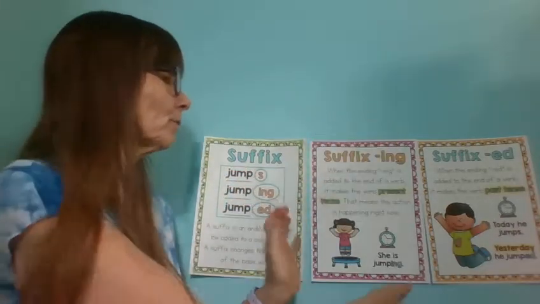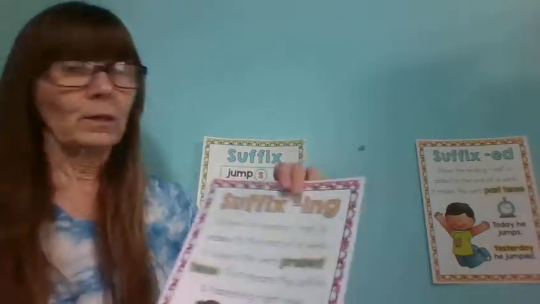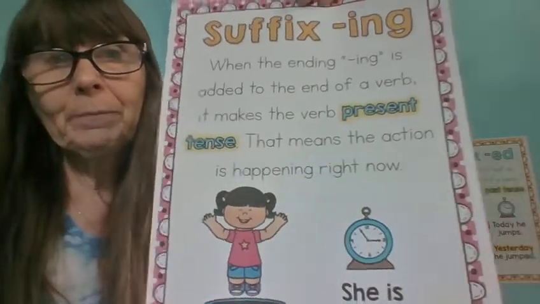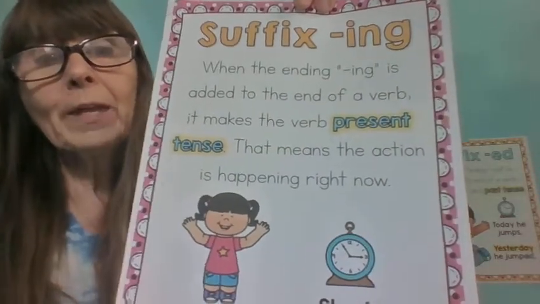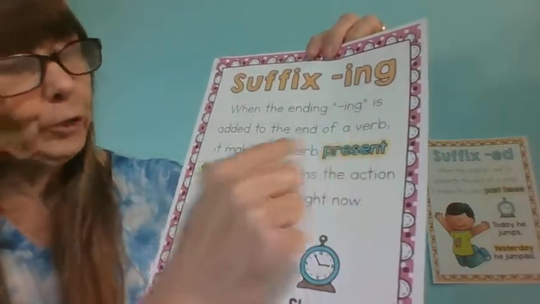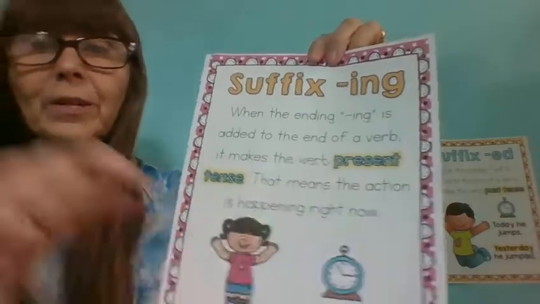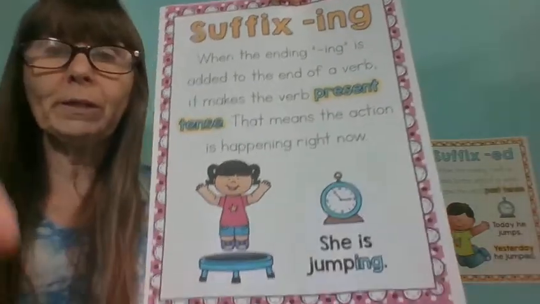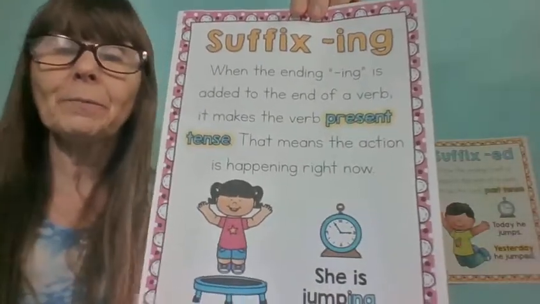We did this on Friday; you had an assignment involving adding suffix ing. When the ending ing is added to the end of a verb, it makes the verb present. That means it's happening at this moment. It's in the present. It's right now.